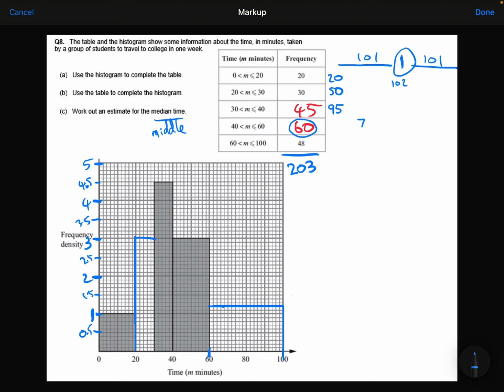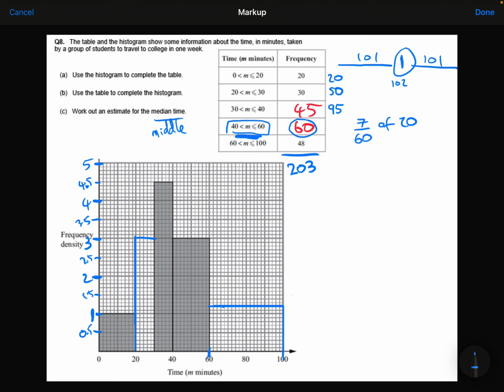So that's 7 60ths of this time interval. So 7 60ths of 20, because that is the time interval here.